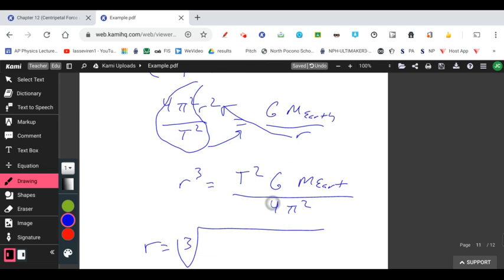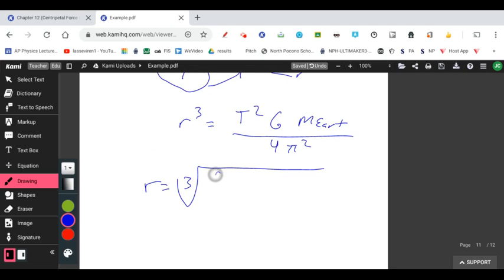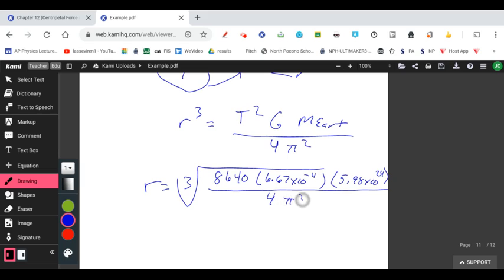So you would have down here 8,640 squared times 6.67 times 10 to the negative 11th times the mass of the Earth, again 5.98 times 10 to the 24th, all of this over 4 pi squared.